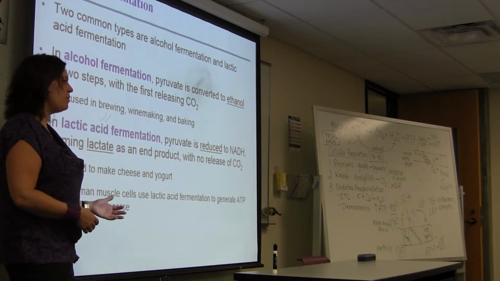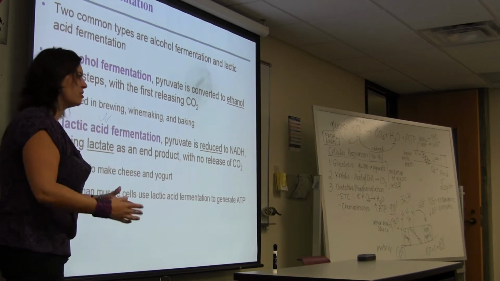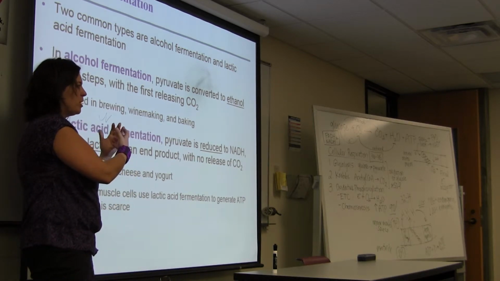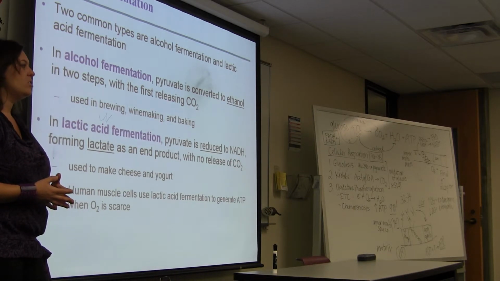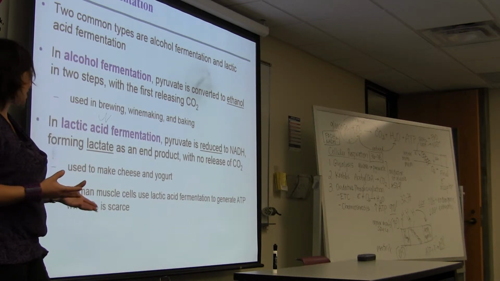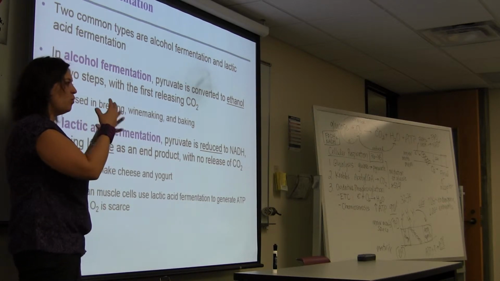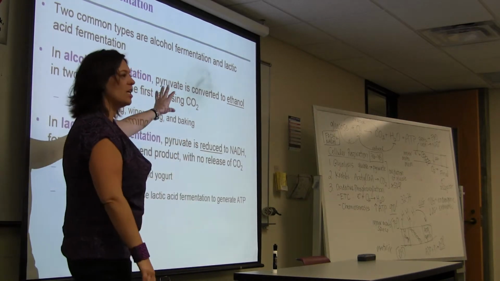And so what's going to happen is your body, or particularly those muscle cells that are being affected, are going to switch from aerobic respiration into this lactic acid fermentation. It's doing this because this process doesn't need oxygen, right? There's not enough oxygen to go around to generate enough energy through cellular respiration.